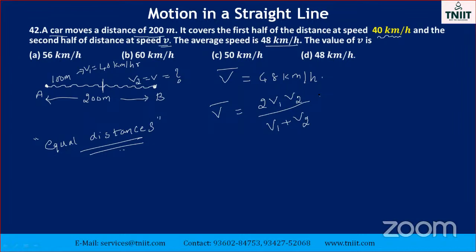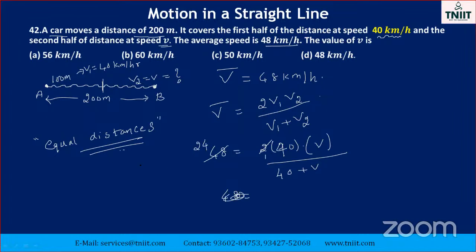How much will you get? The average speed V bar is 48. 2 times V1, V1 is 40, into V2, which you have to calculate, V, divided by V1 plus V2, that is 40 plus V. So 48 equals... you can cancel out 2 into 24.